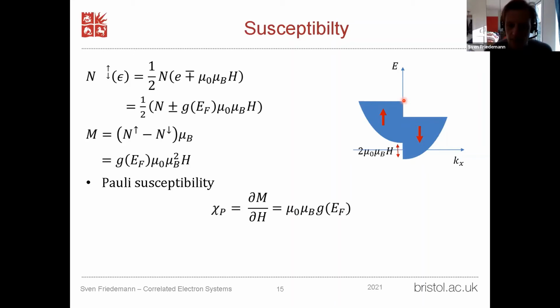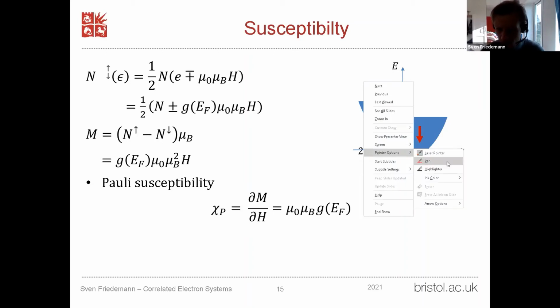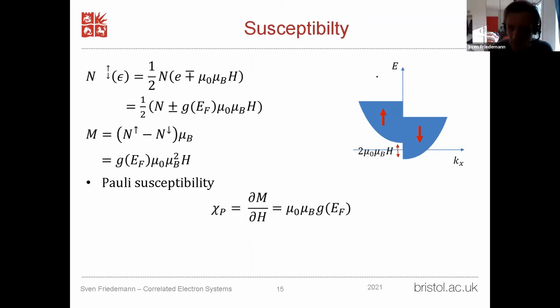And maybe I should actually really draw that in. Let me switch to a pen. So essentially, to understand this, we can here draw a box. And this box then gets transferred over here to fill up states over here.